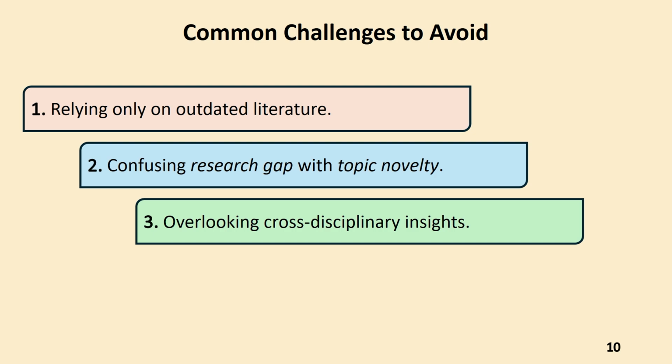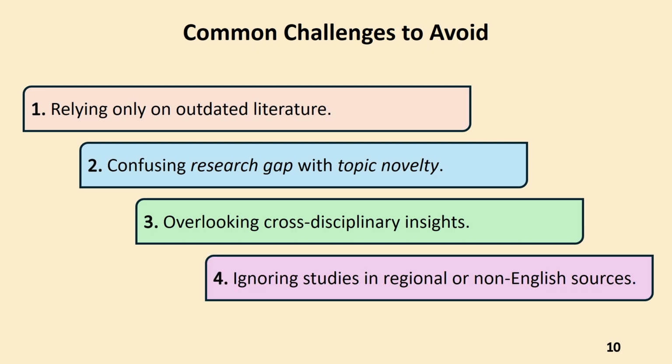Overlooking cross-disciplinary insight. This is also a challenge. Please avoid it, because you have to focus on your ideas across the disciplines with great precision. Next is ignoring studies in regional or non-English sources. This is also a problem.